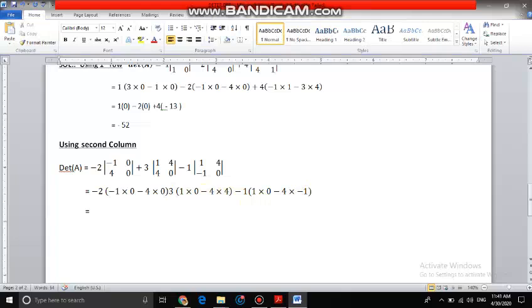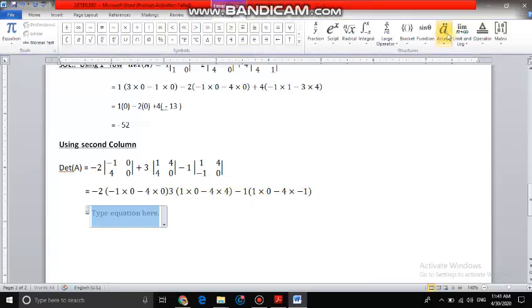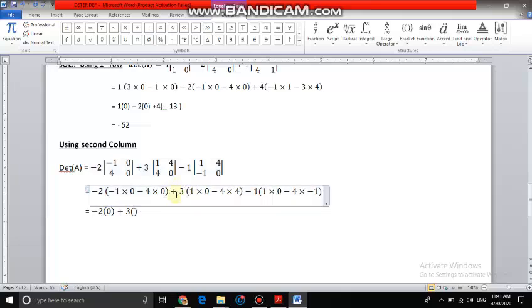Then what do you get? Minus, let me insert the equation again so that the negative sign looks bigger. Minus 2 into, here minus 1 into 0 is 0, 4 into 0 is 0, so this is going to be 0. Then plus 3 into, here 1 into 0 is 0, minus 4 into 4 is minus 16.